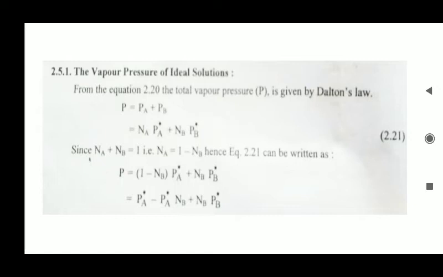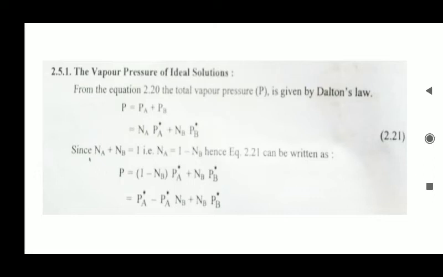Since mole fraction Na plus Nb is equal to 1, rearranging, Na is equal to 1 minus Nb. So the above equation can be written as P is equal to (1 minus Nb) PA star plus Nb PB star.